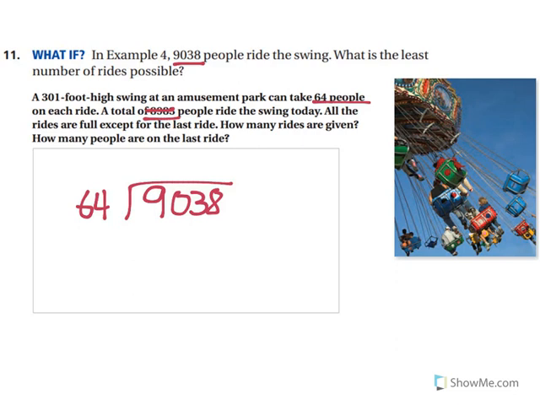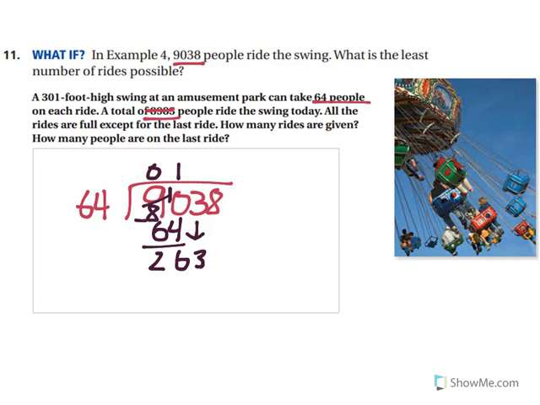We'll see what happens here. 64 goes into 90 1 time, gives me 64. Going to make the 9 into an 8 and make that 0 into a 10. 10 minus 4 is 6. 8 minus 6 is 2. Bring down my 3 here.